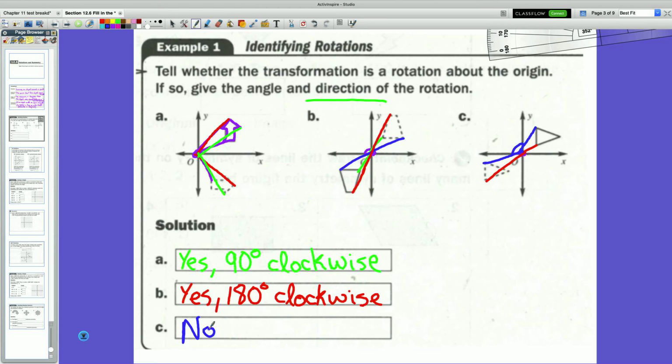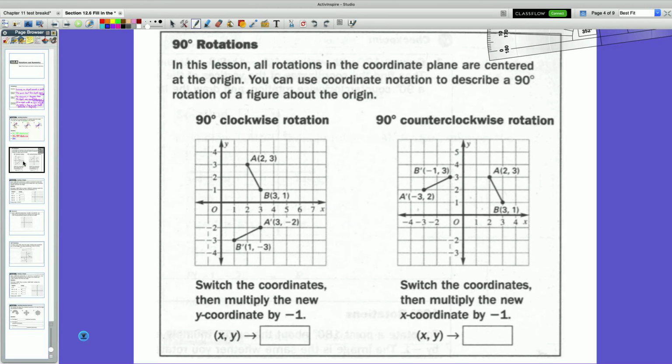All right, so now we have some coordinate rules, just like we had coordinate rules for translations, and then coordinate rules for reflections. Now we have some coordinate rules for rotations. If we're rotating 90 degrees clockwise, we're going to switch the coordinates. What do I mean by switch?